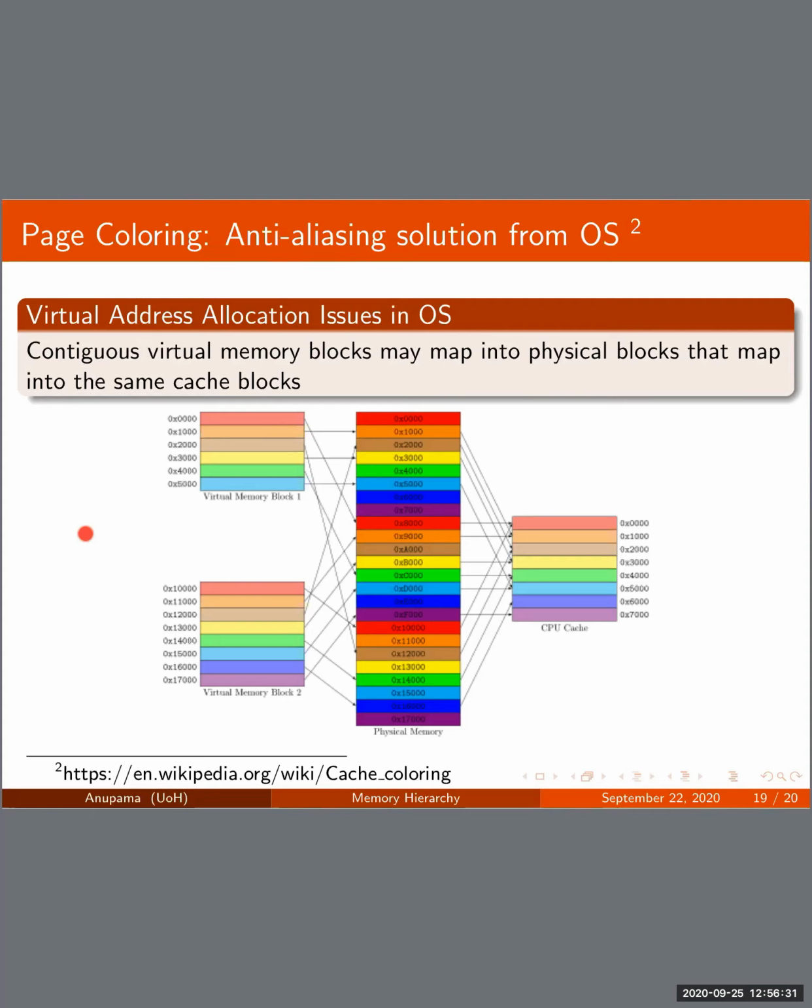Now, it is possible that when you map these virtual addresses to physical addresses, the physical addresses may actually conflict with each other, right? A contiguous virtual address, that is page 0 and page 1 of the virtual addresses, may be mapped to 2 frames such that they map into the same blocks in the cache.